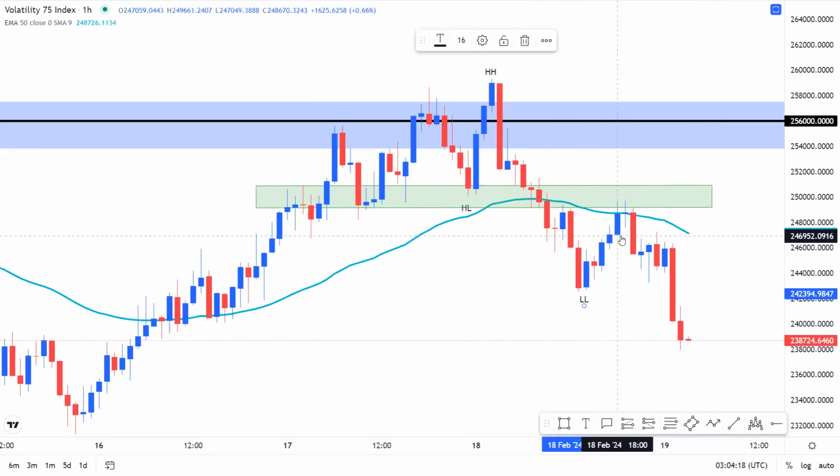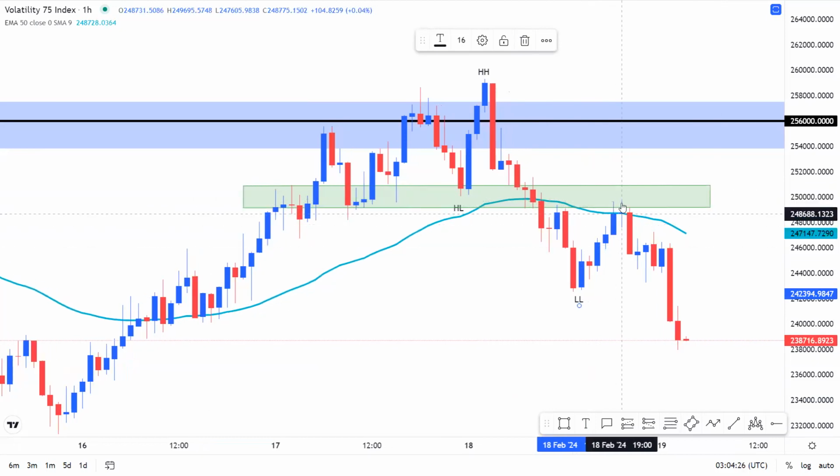And now all I need is for price to come right into the level, a nice retracement to the level.